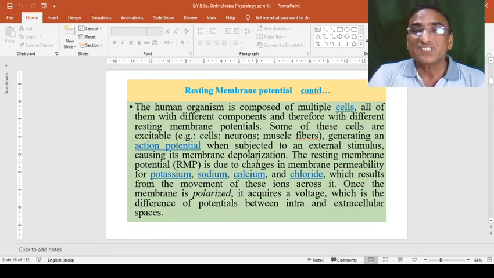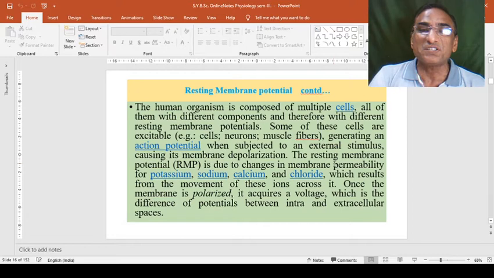Until the activity of action potential is carried out positively, this activity is regulated by maintaining the ions. The resting membrane potential is due to changes in membrane permeability. Generally, the membranes are permeable, impermeable or semi-permeable. It depends on the type of cells or tissues.